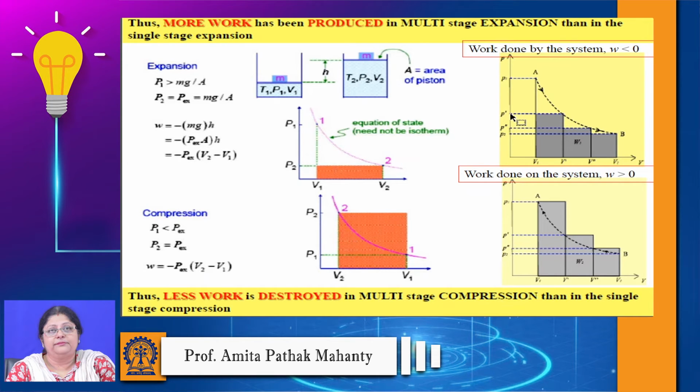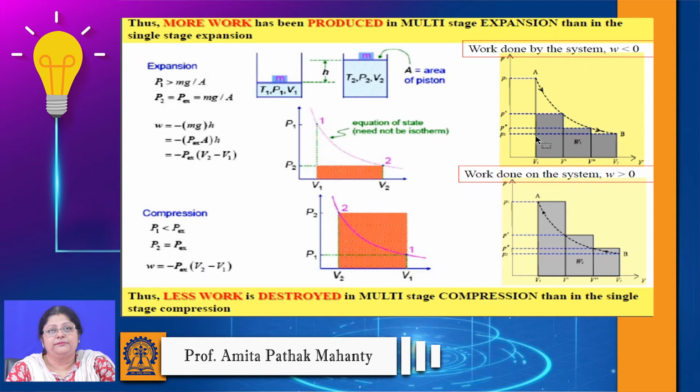I take a P prime and corresponding volume V prime. I'm carrying out an expansion. Then I do an increment further and go to another P double prime, and corresponding volume V double prime. And finally I get to P2 and V2. That means I've increased the number of steps.